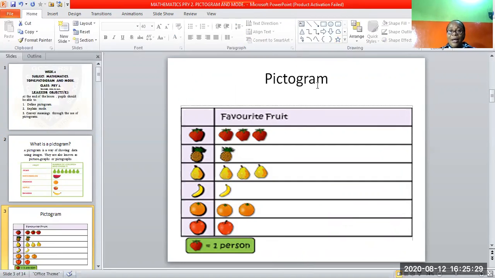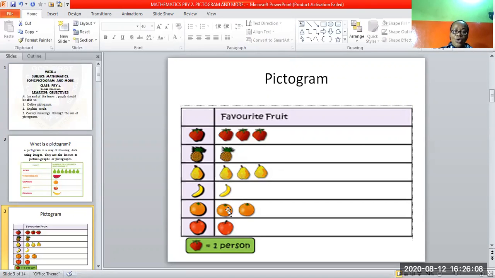The next pictogram picture shows the fruit and how many children have taken each fruit. This one strawberry represents one person. One person per strawberry. That is, we have 1, 2, 3 persons who took strawberry. One person took one apple and three took pear. Only one person took a banana.